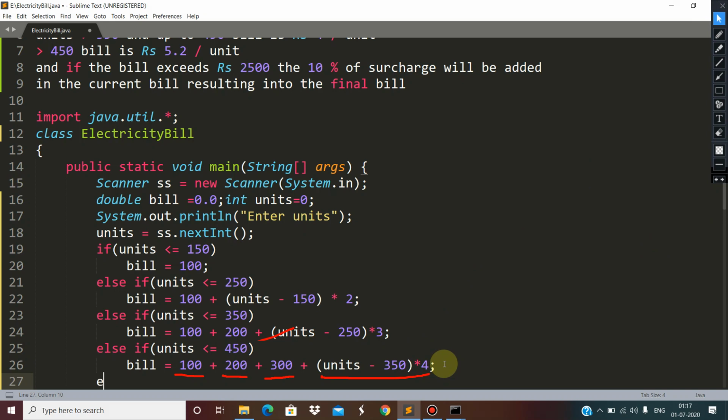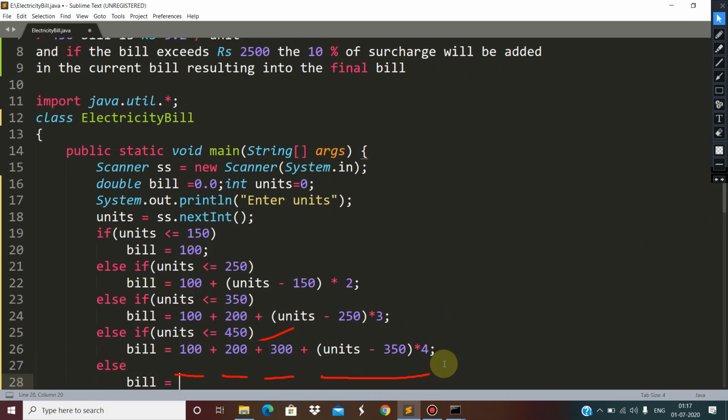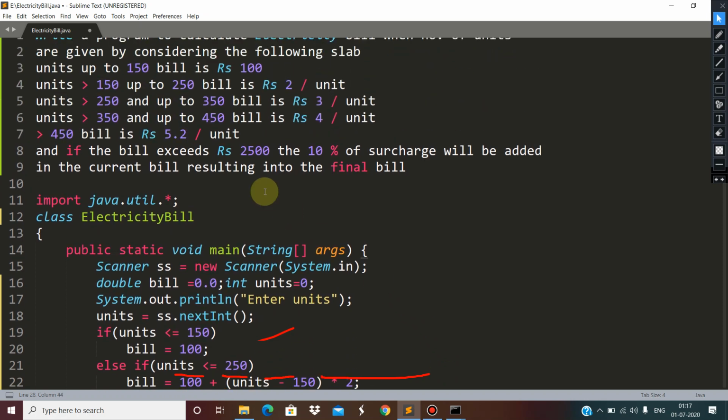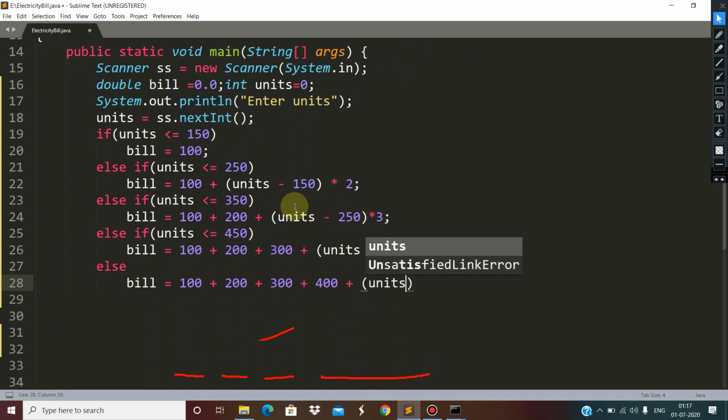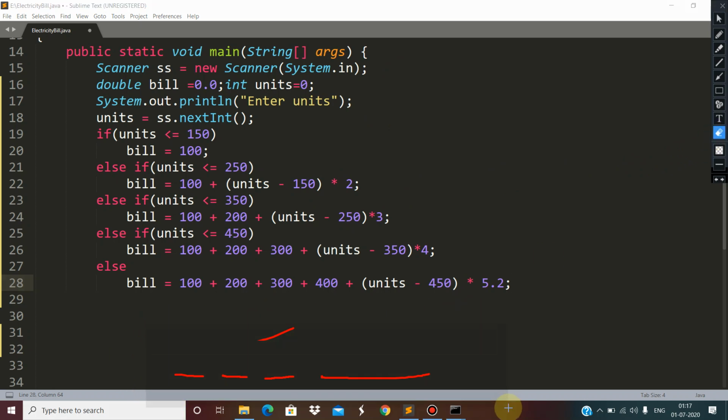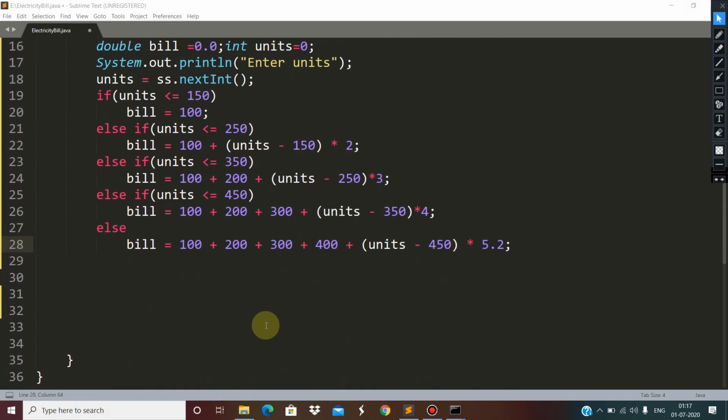And now the else part. In else we need to write 100 plus 200 plus 300 plus 400 plus the amount which is more than 450. So here it is the remaining amount, which is units minus 450 into 5.2, the rate for the units which are above 450.